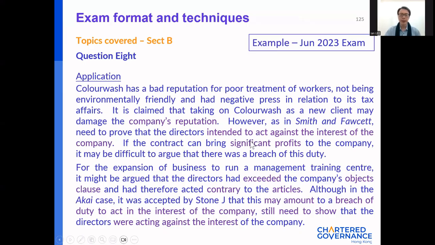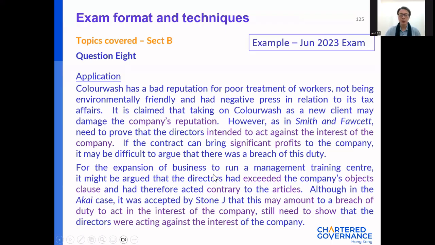So if the contract can bring significant profits to the company, it may be difficult to argue that there was a breach of its duty. So there's one thing about some claims by other people, but at the end of the day, as a director, you must act in the interest of your company. So if a contract works well for your company and can earn significant profits, generally speaking, it will be difficult to say you're doing something against the interests of your company.